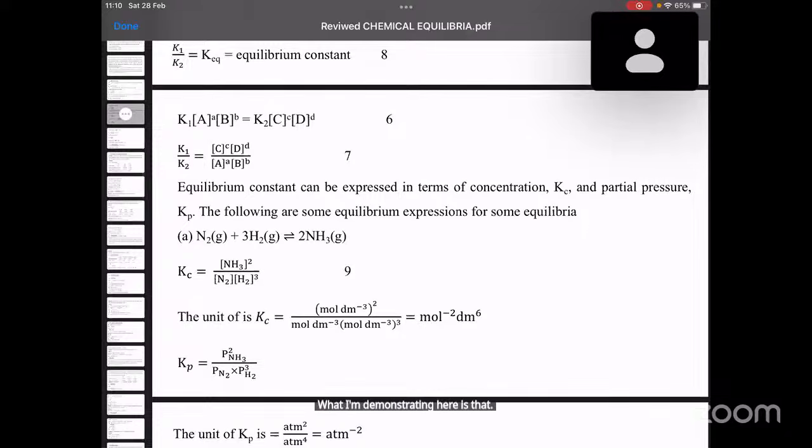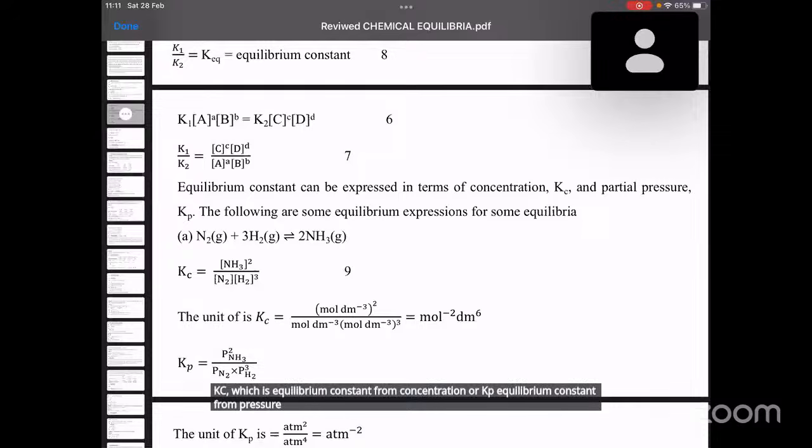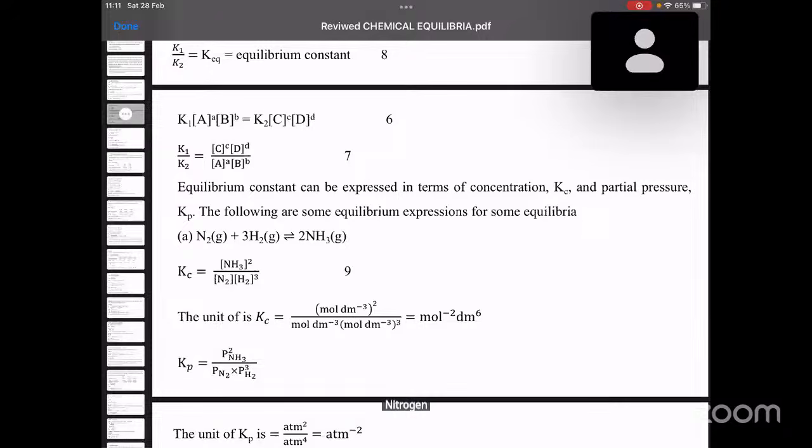What I'm demonstrating here is that the unit of the equilibrium constant will depend on whether you are calculating Kc, the equilibrium constant from concentration, or Kp, the equilibrium constant from pressure. And again, what are the number of moles? Because you can see that for ammonia, where you have 2 molecules, it is raised to the power of 2. Nitrogen, 1 molecule, raised to the power of 1.